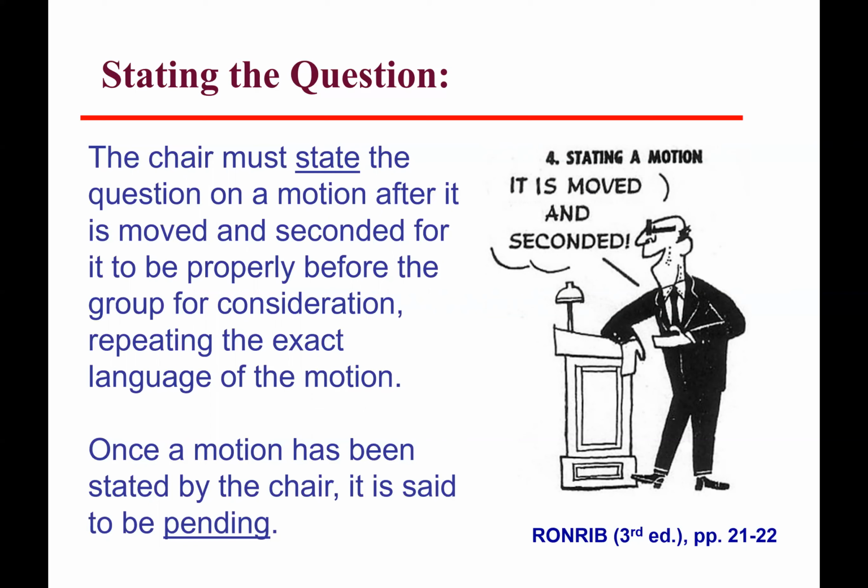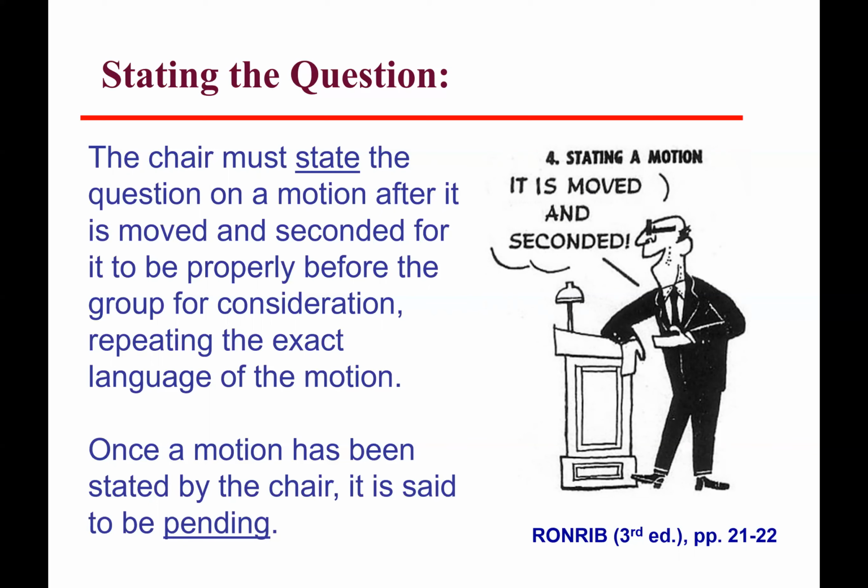Until the chair does that, it doesn't belong to the assembly, and technically the person making it could change their mind and say, "No, never mind, I'd like to withdraw my motion." If it has not yet been stated by the chair, they have the power to do so.